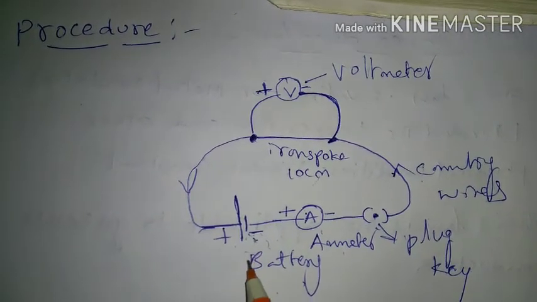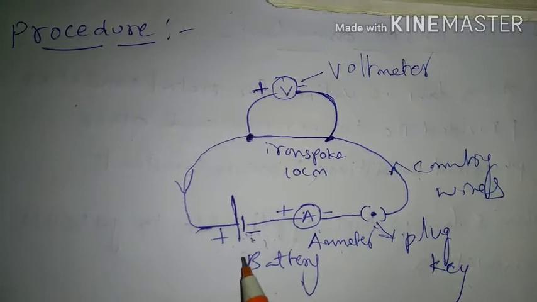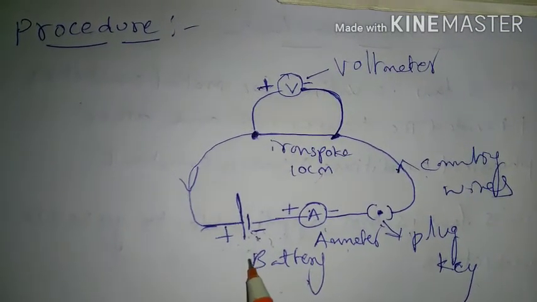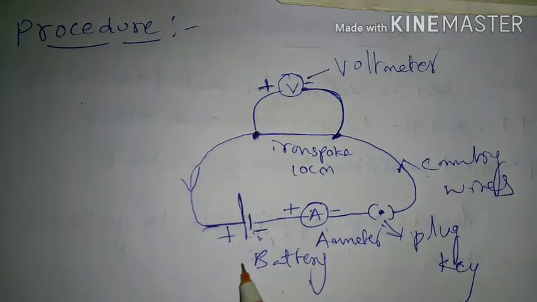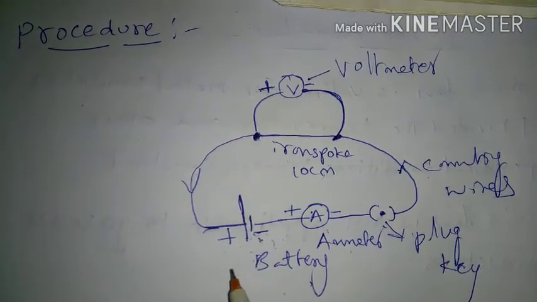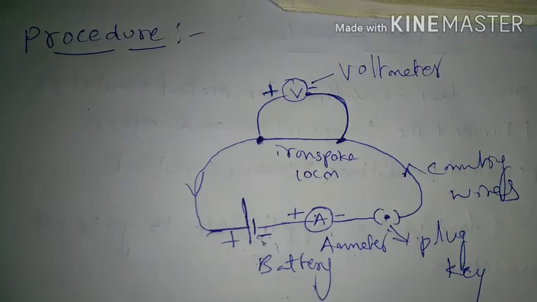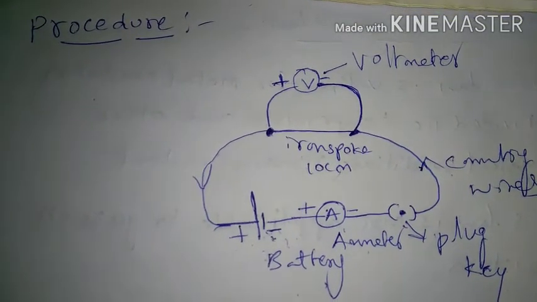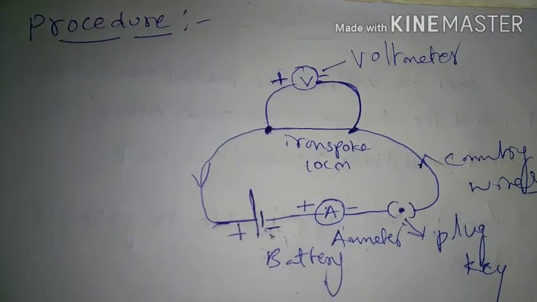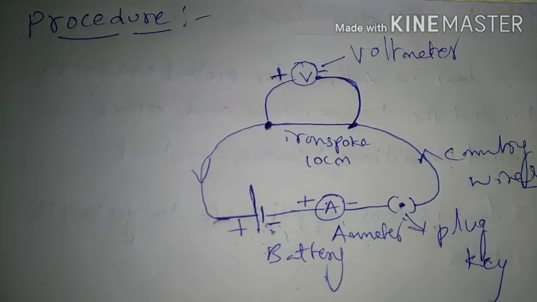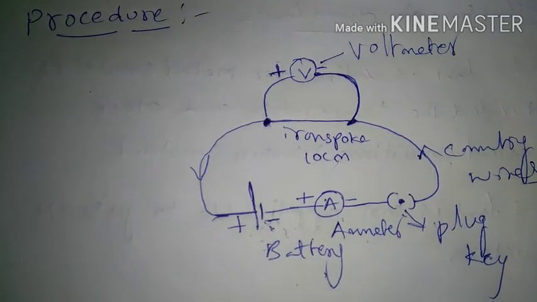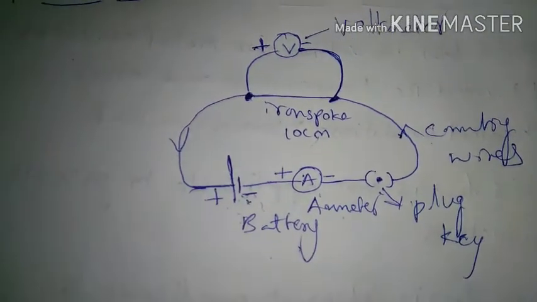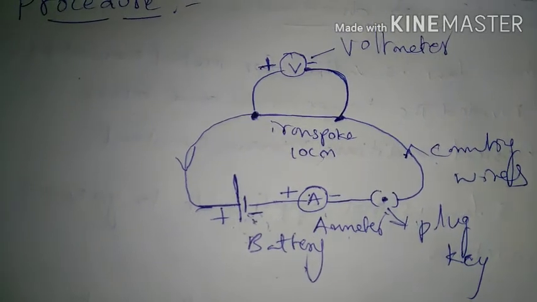in series in the circuit. Okay, two cells, how much voltage? 3 volt. Note the respective readings of the ammeter and voltmeter and record the values in the table. Okay, see the table.